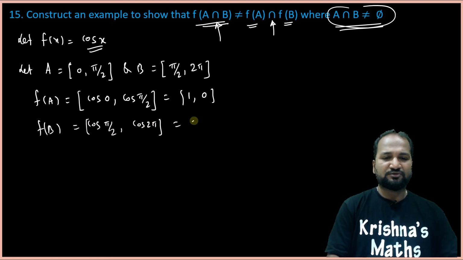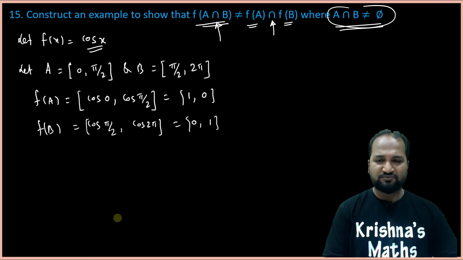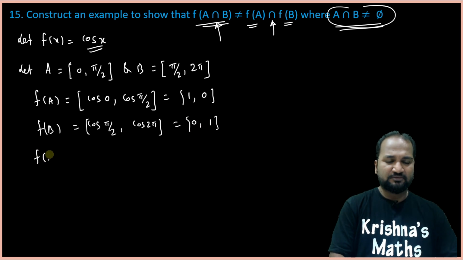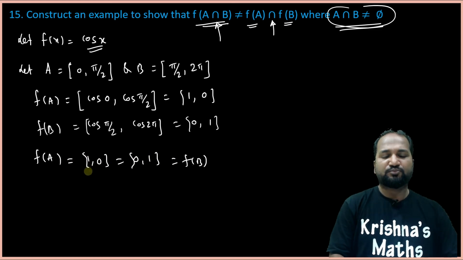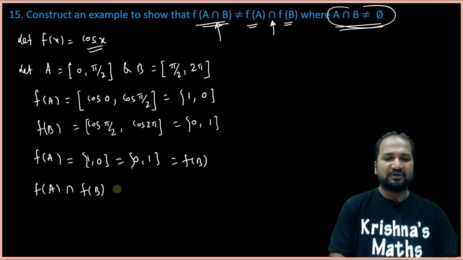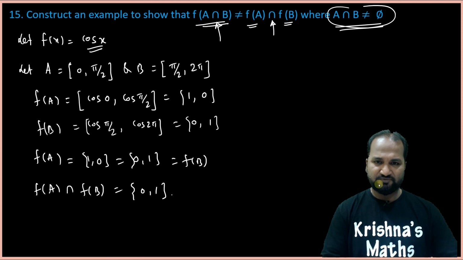Cos pi by 2 is 0 and cos 2 pi is also 1. So f of A is equal to f of B, that is {0, 1}. So both are the same. So f of A intersection f of B is also the same, {0, 1}. This is the intersection. So we got the right hand side.